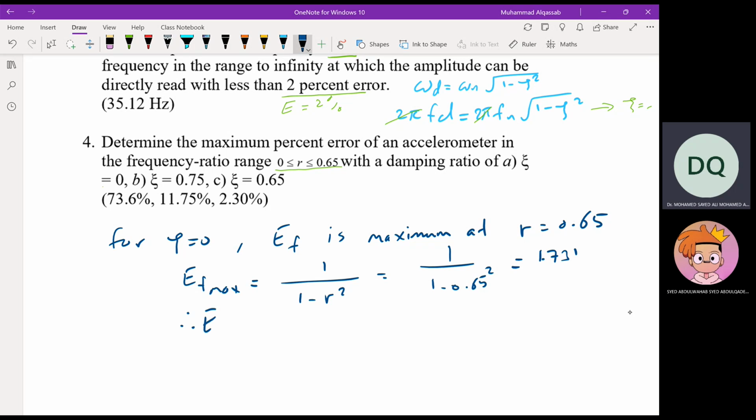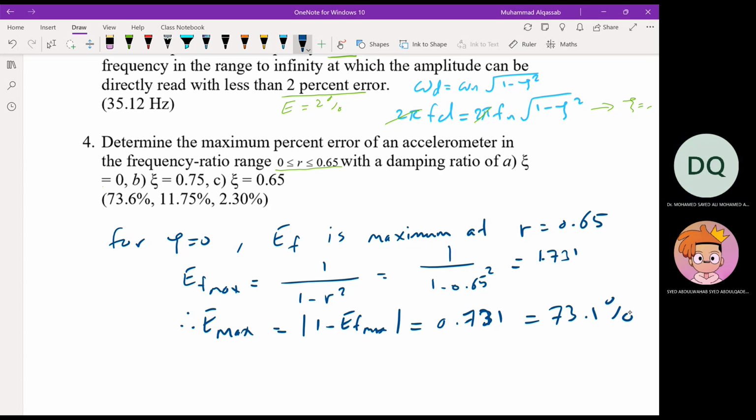Therefore, the maximum error is 1 minus the maximum error factor, which is 0.731, or in percentage, 73.1%, very high, because the range is large. This is part A.